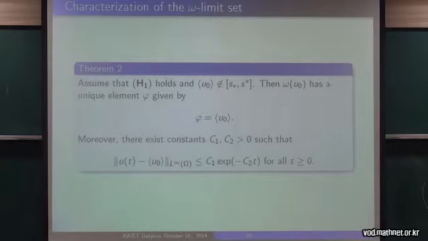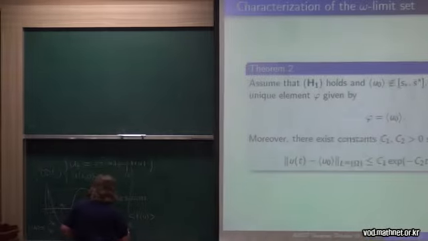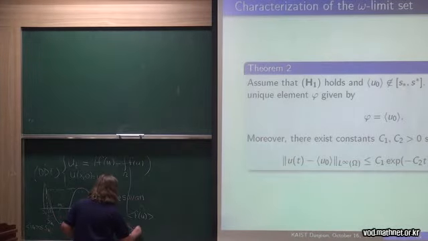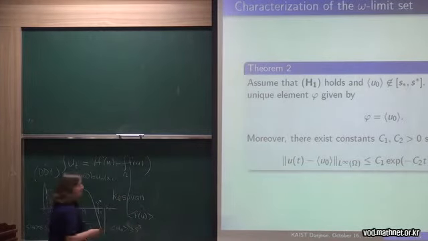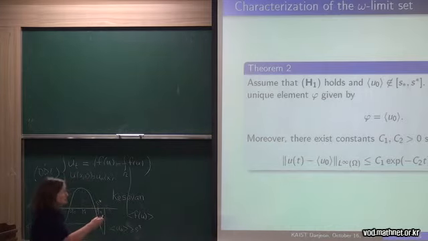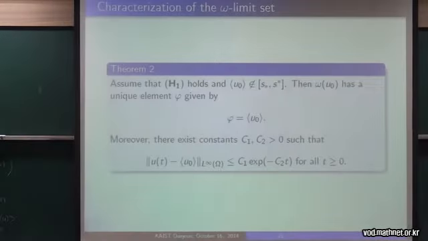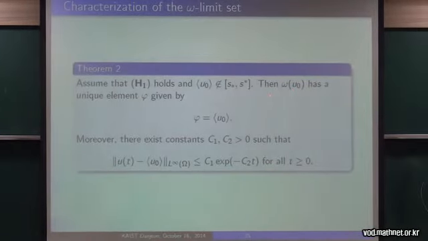So either we have average of U naught less than S lower star, or average of U naught larger than S upper star. From a phase transition viewpoint, it would sort of be the least interesting cases, but anyway. Then we prove that omega of U naught is composed of a unique element phi, and phi is the average of U naught. So we have only one value.